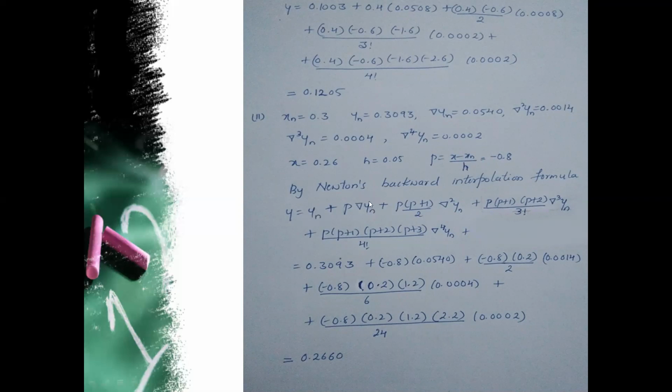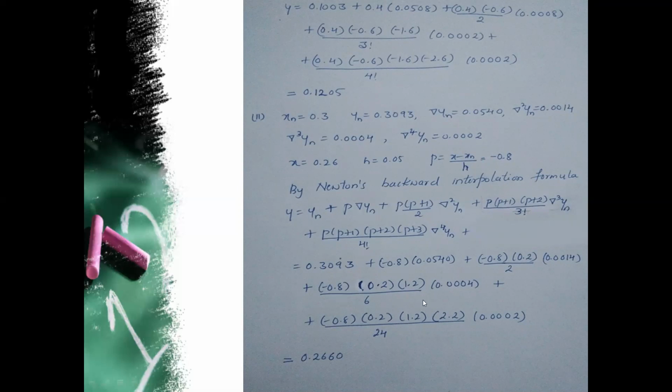Here it is del yn, whereas in forward it is delta y naught. Again, in this term, in forward we have p into p minus 1 divided by 2, whereas in backward we have p into p plus 1 divided by 2. Then here it is del square yn, in forward it is delta square y naught. You need to note those differences correctly and substitute the values in the correct formula.